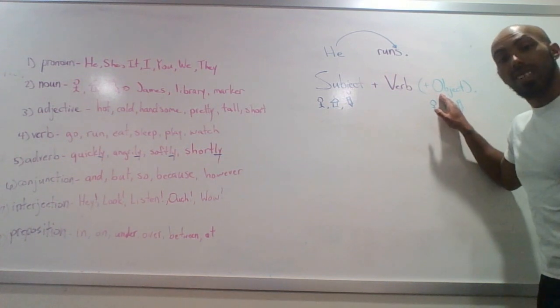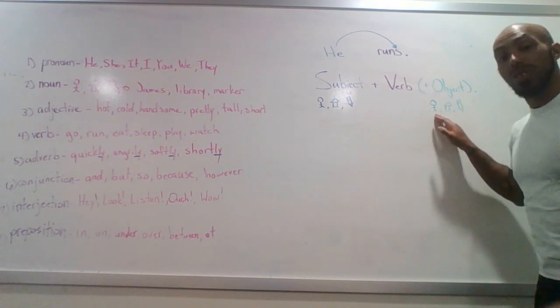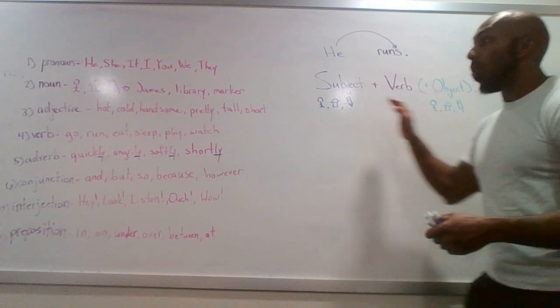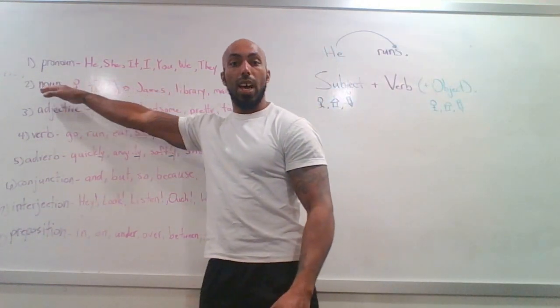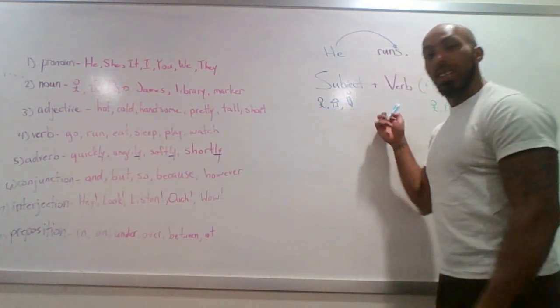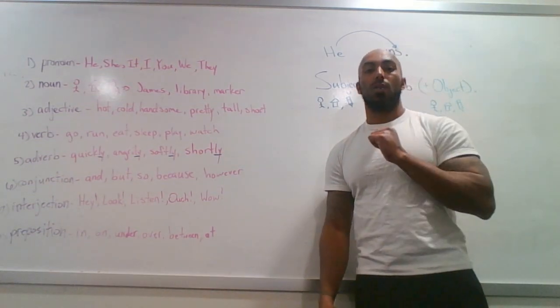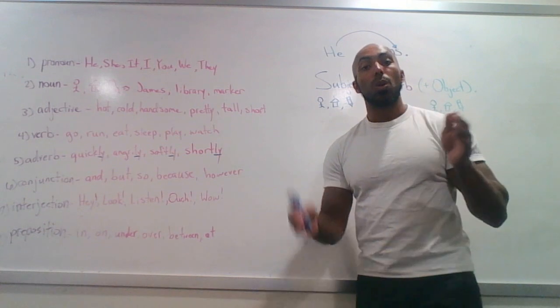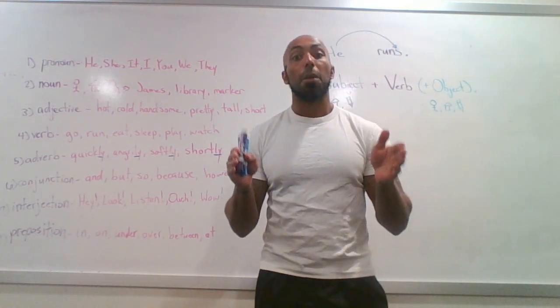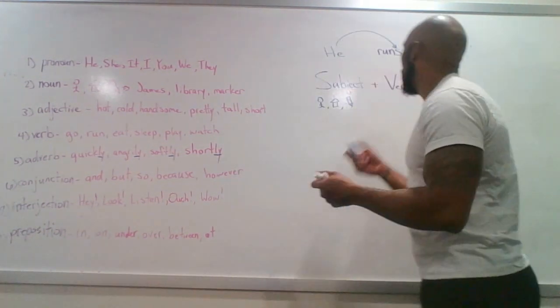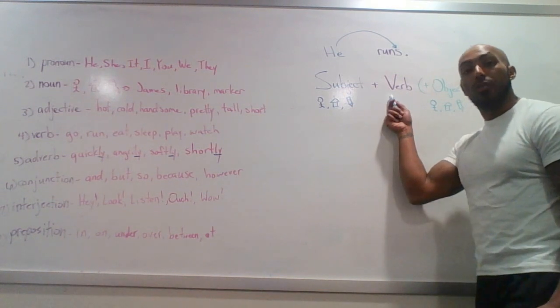The object is the same thing. The object is either a person, a place, or a thing, which is also a noun. Okay. So the subject and object of a sentence are always nouns. Okay. Now, what do we put between those things to make a sentence? We need to put an action or a verb.